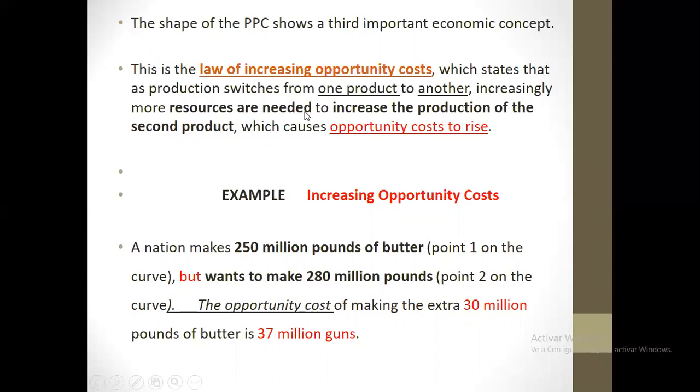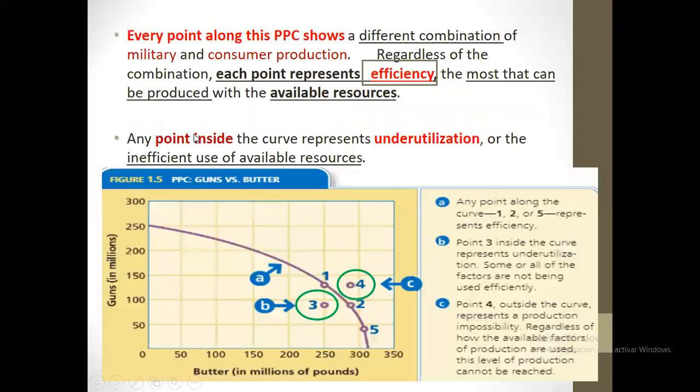Más recursos son necesarios to increase the production of the second product. En este caso, producir más butter. ¿Ya? Y aquí voy a tener que sacrificar la cantidad de guns para poder producir los butter. ¿Ok? En este caso podríamos utilizar los panes. ¿Se acuerdan que eran los panes en el caso anterior?